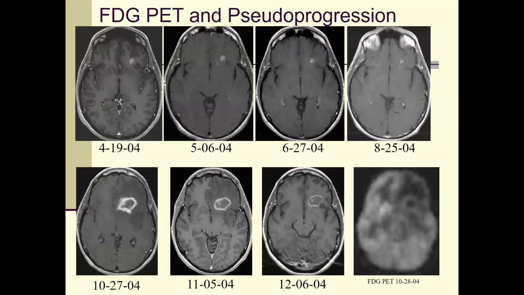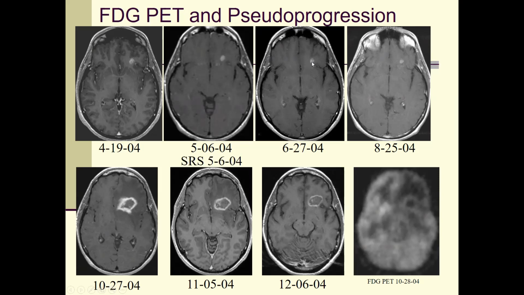Here's another example of metastasis causing pseudo-progression. This person has an enhancing lesion in the frontal lobe, which is slowly increasing, and then it starts decreasing because he had radiosurgery on this day.